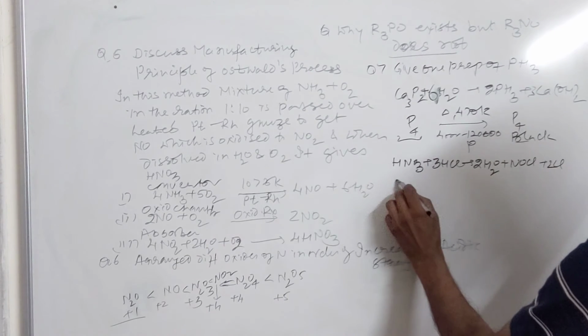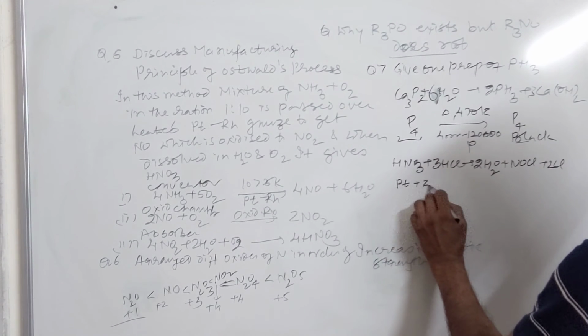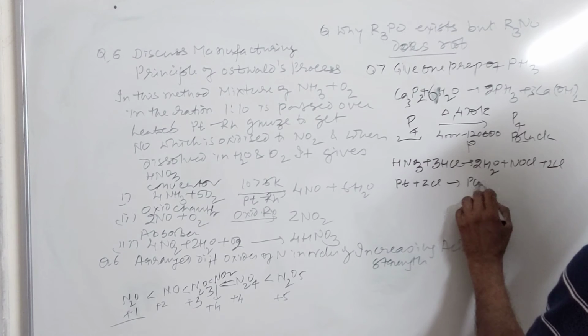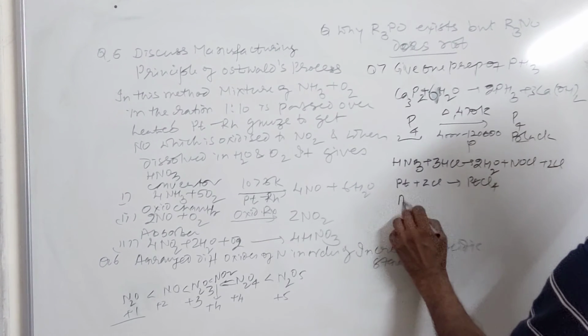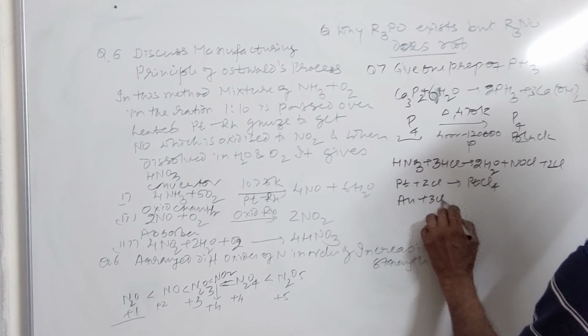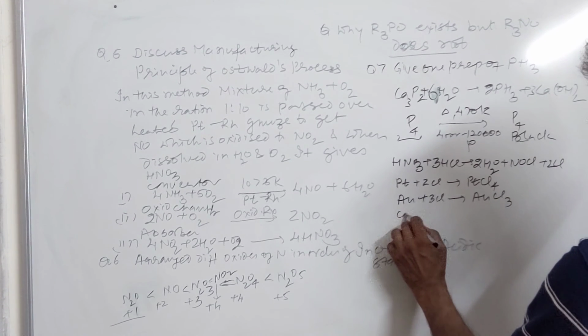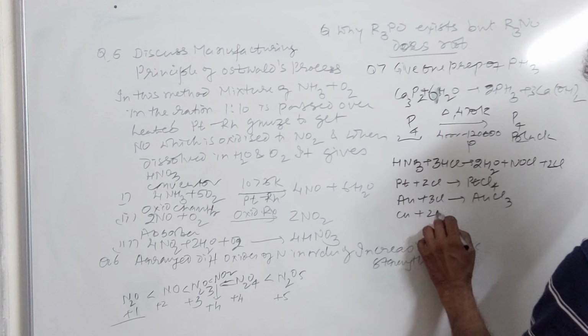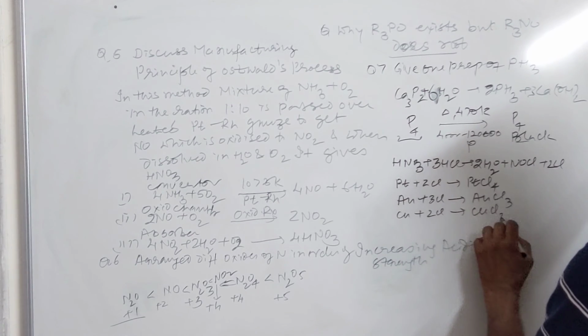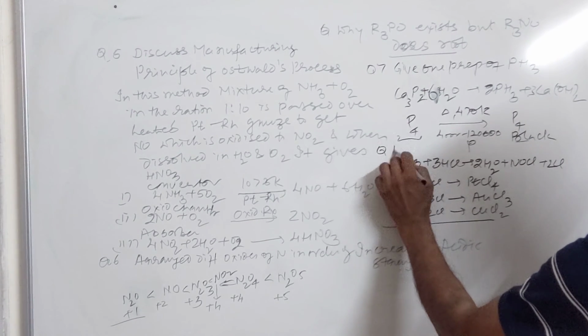ये जो chlorine है, it can dissolve noble metals to give you PtCl4. It can combine with gold to give AuCl3. It can combine with copper to give CuCl2. So you can be asked, what is aqua regia?